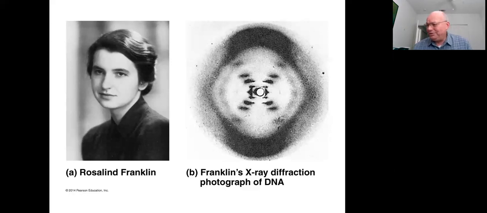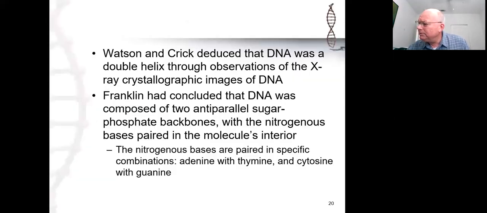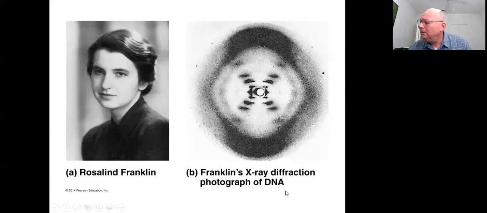The characteristic that tells you that it's a double helix, let's go back, is this, the X. That is a clear signature of a double helix. And while apparently Franklin missed this initially, she would very quickly realize that it was a double helix.